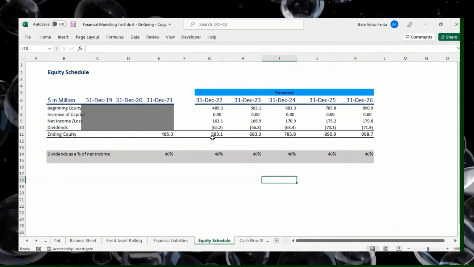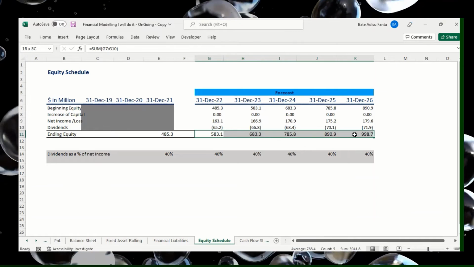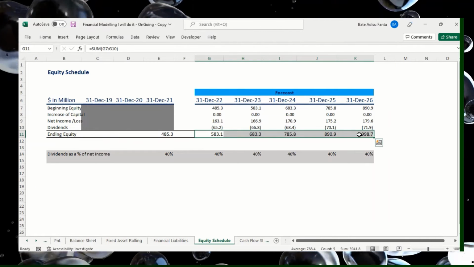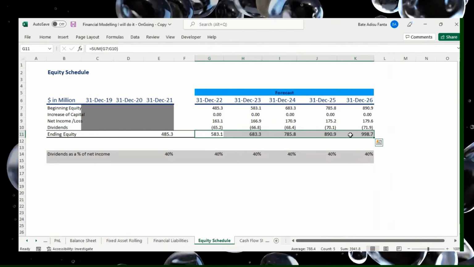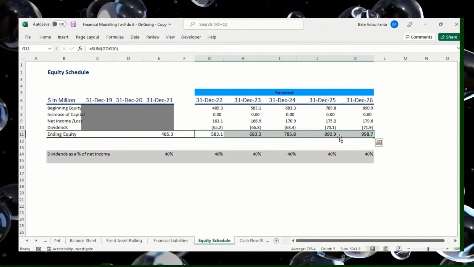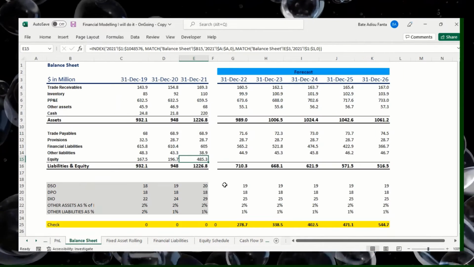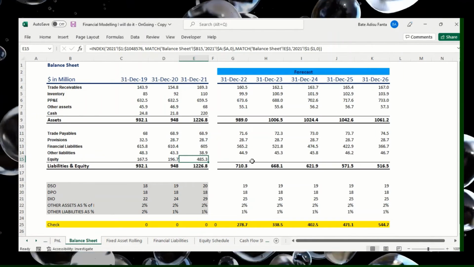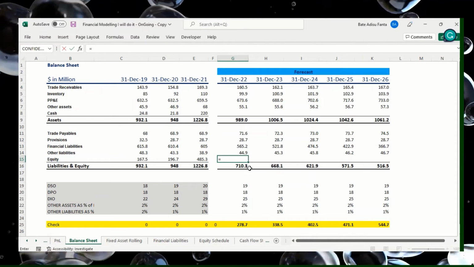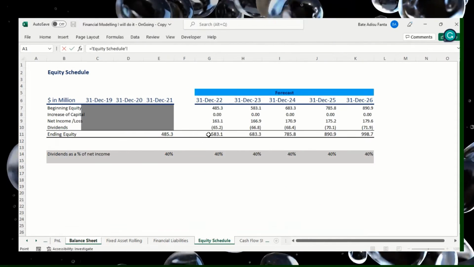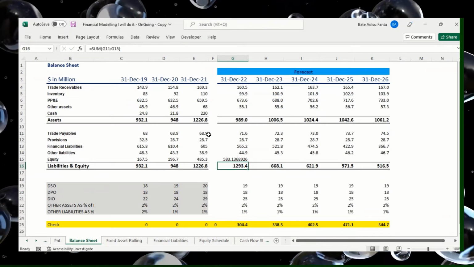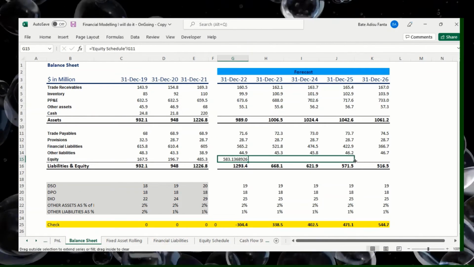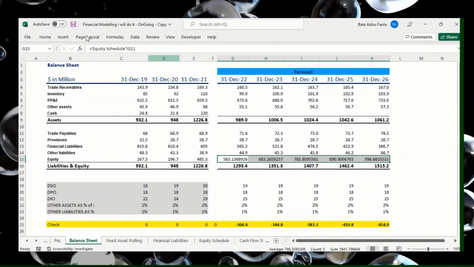The remaining task is taking the ending equity balance for the forecasted period to the balance sheet. So I go to the balance sheet, go to equity, put an equal sign, go to the equity schedule, connect it, press enter, and then drag it down to the other years.